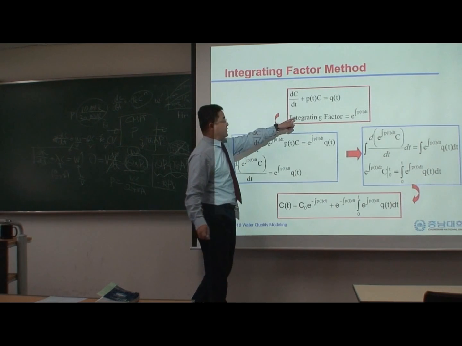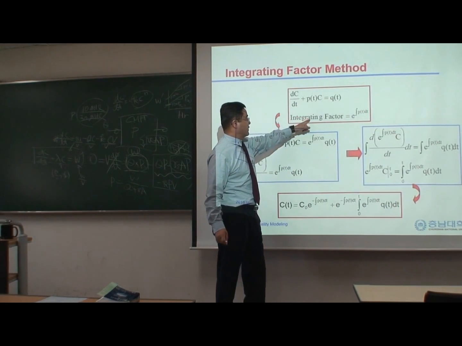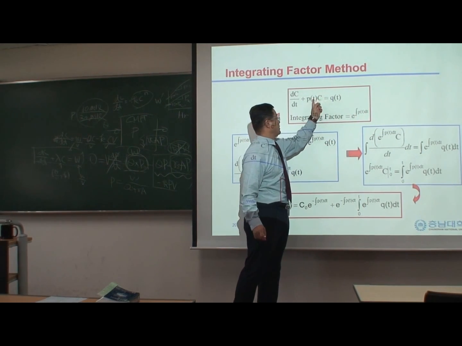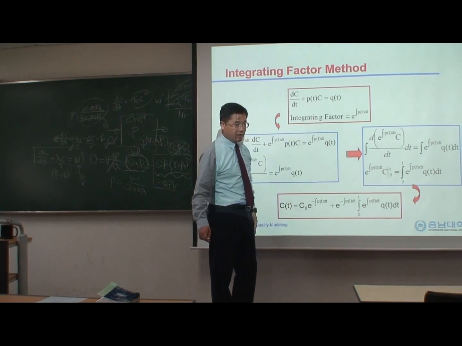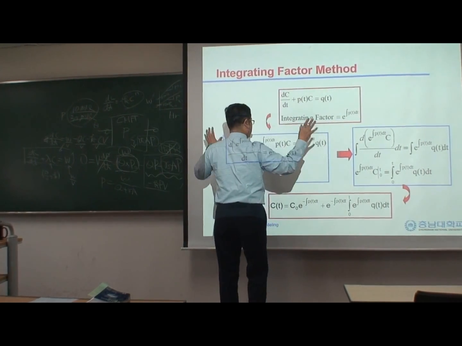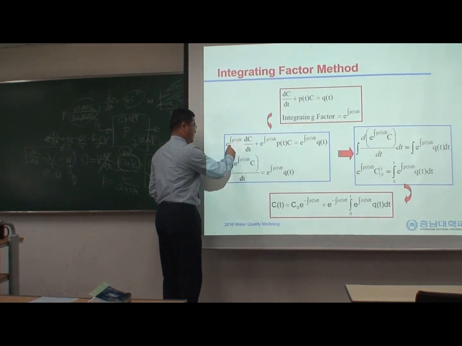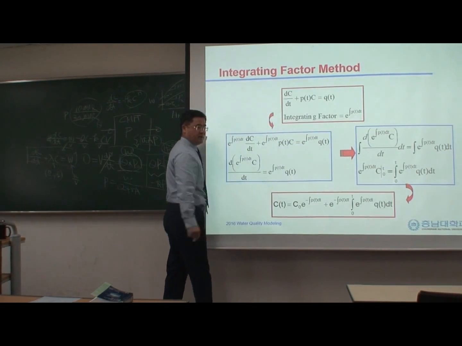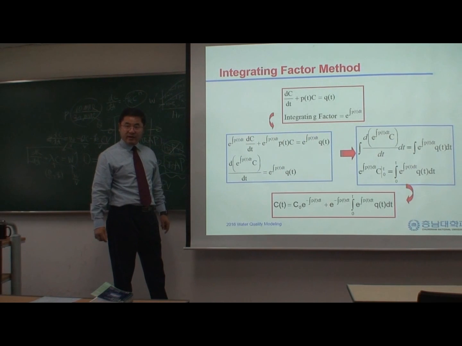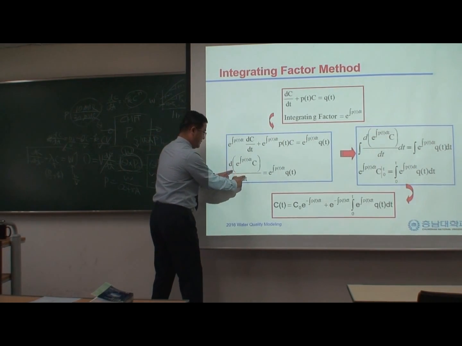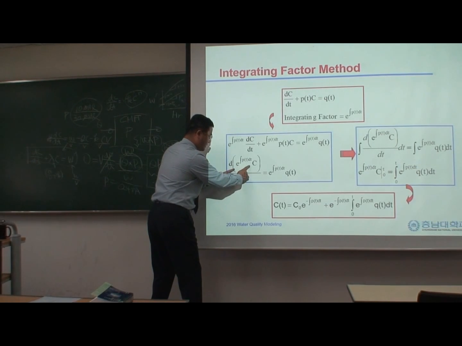And let's define my integrating factor as e to the power of like this. P(t) in here is like here. Okay? And we'll multiply these two on both sides. So we'll have here, here, here. Okay? Very good. Now, let's differentiate this one.